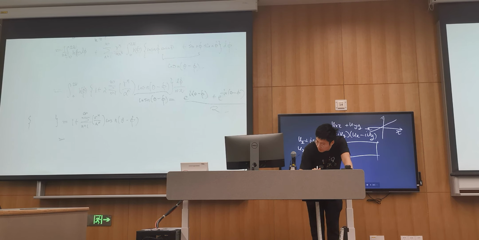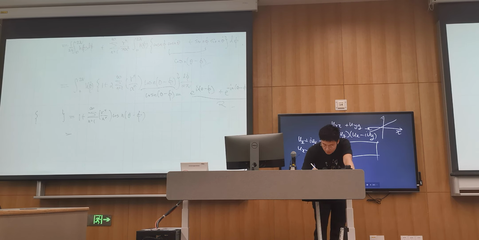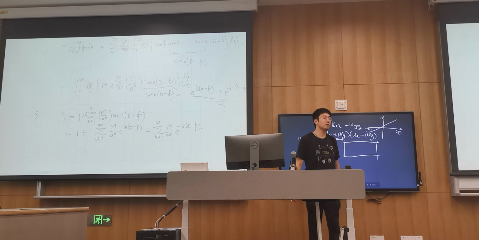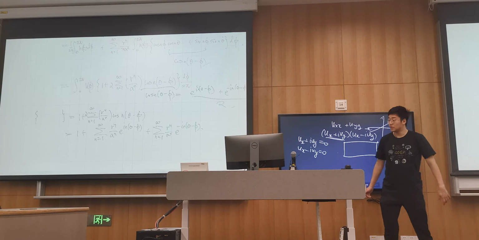At the same time, this equals 1 plus the sum of (r over a) to the n times e to the i n(theta minus phi), plus the sum from 1 to infinity of (r over a) to the n times e to the negative i n(theta minus phi). Then we can deal with that separately.